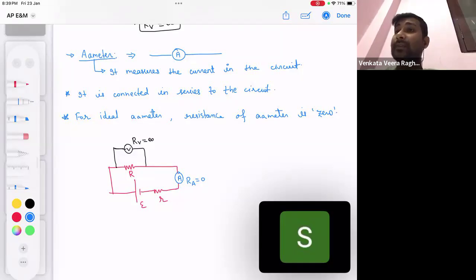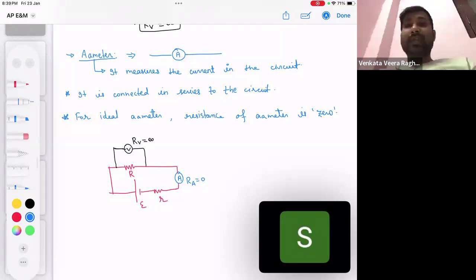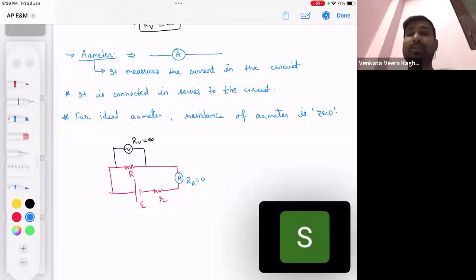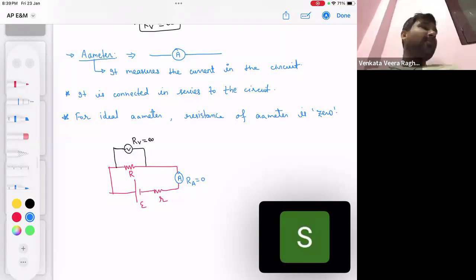But sometimes you may get a case where the voltmeter resistance will be given to you, and the ammeter resistance will be given to you, or it will be said that it is a non-ideal voltmeter and ammeter. In those cases, some finite value of resistance will be given to you in the question.